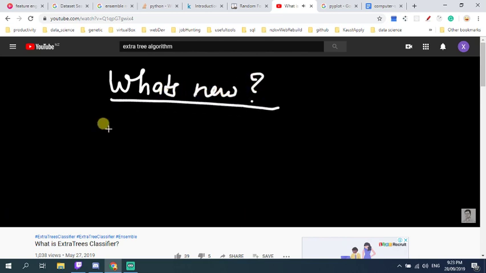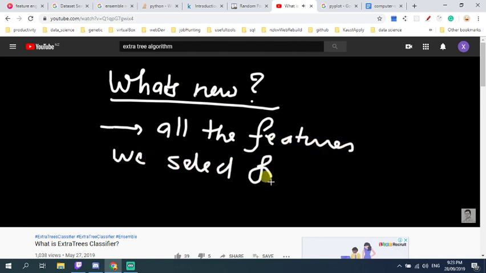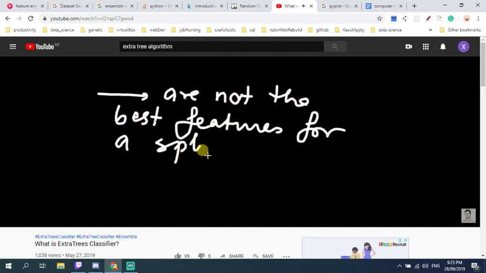So what exactly is the difference between an extra tree classifier and a random forest? The main difference between random forest and extra tree classifier lies in the fact that instead of computing the locally optimal split for a feature combination, a random value is selected for the split for the extra tree.